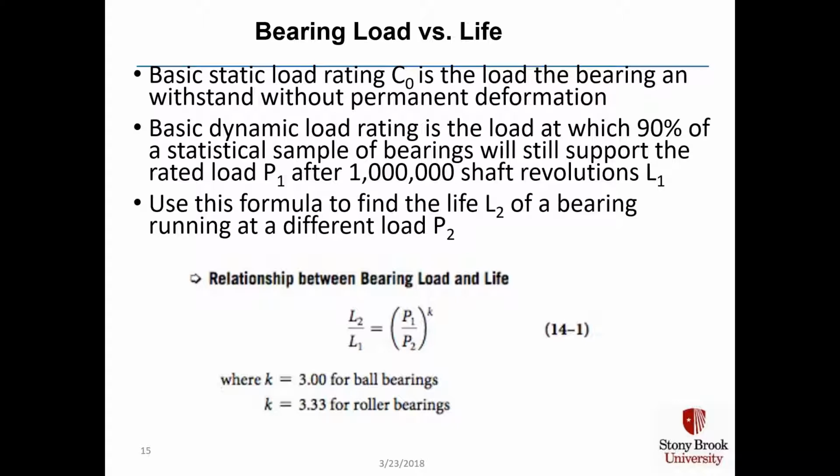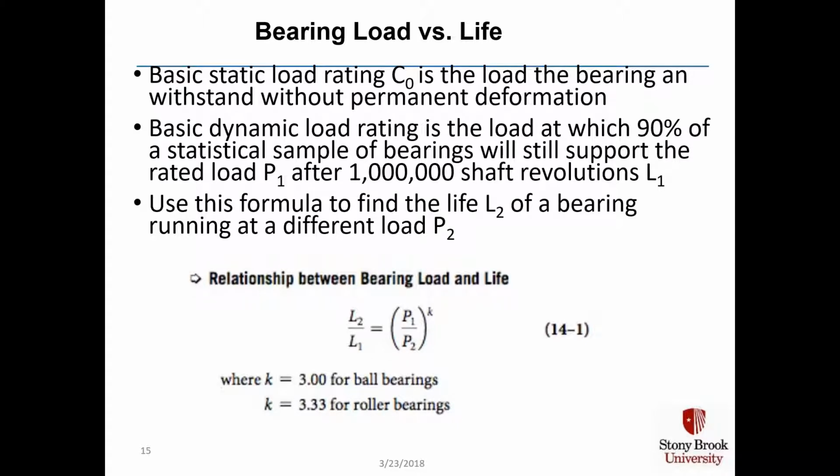And we use Formula 14-1 to find the life L2 of a bearing running at a different load, where L2 over L1 equals P1 over P2 to the kth power.